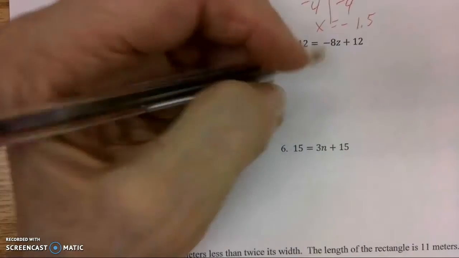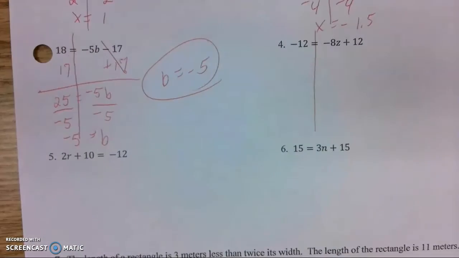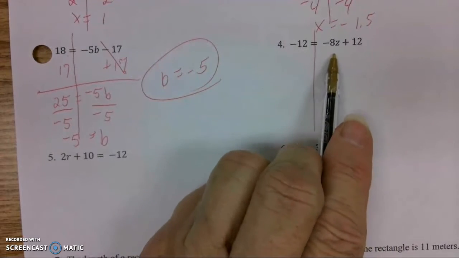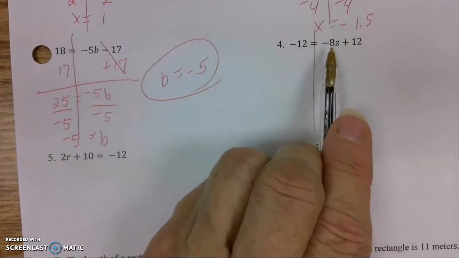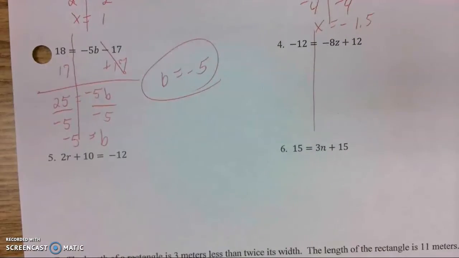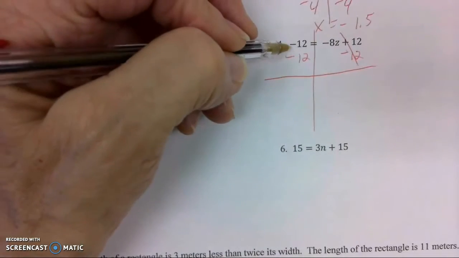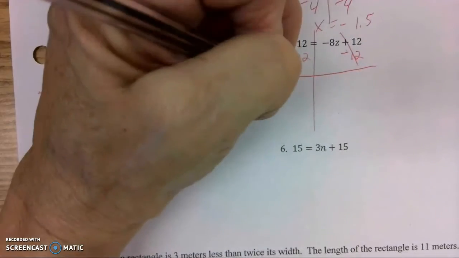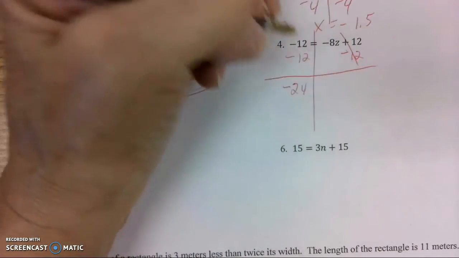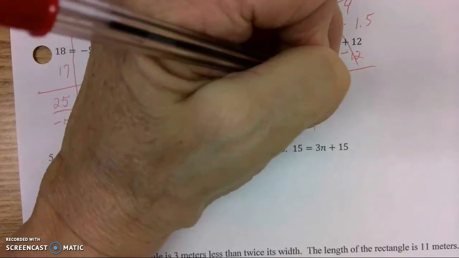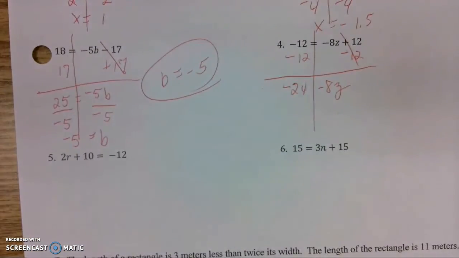Number 4. Again, identify my two sides. Right there's my variable. I'm adding and multiplying, so the inverse is to subtract and divide. So I'm going to subtract 12 from both sides. Now, be careful, because negative 12 minus 12 is negative 24, and then I have 8z.